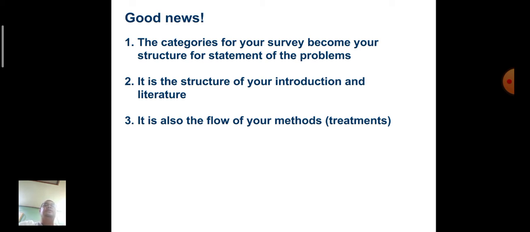So the instrument becomes your guide, and much more if you were able to set research questions and research objectives. They become now your guide in terms of doing your introduction and literature.